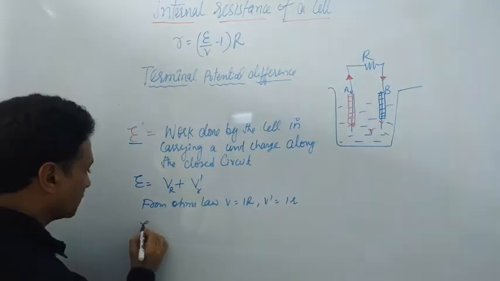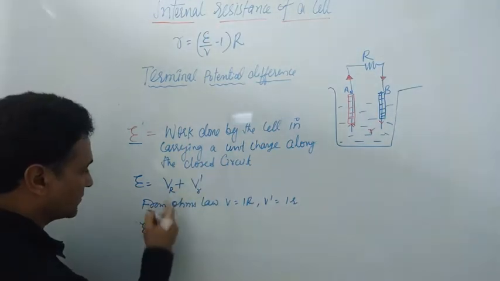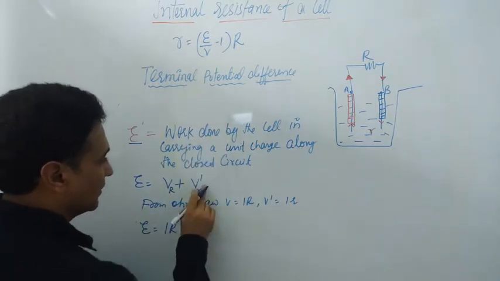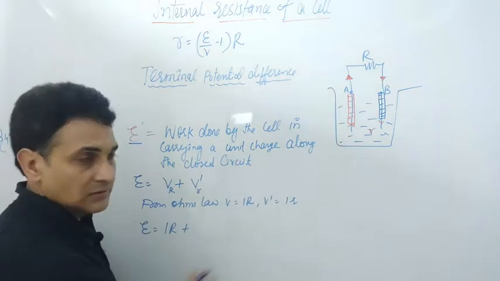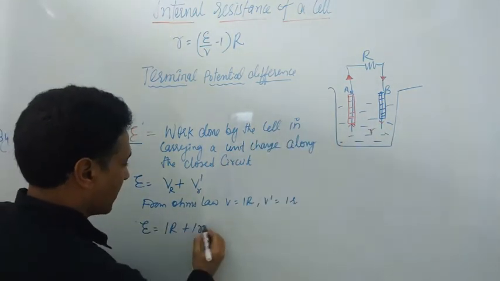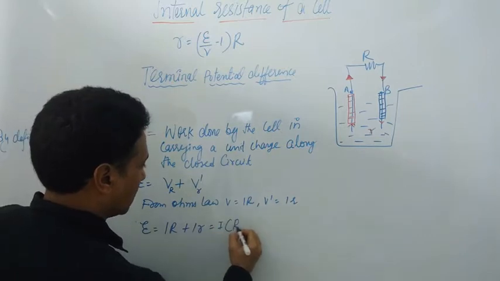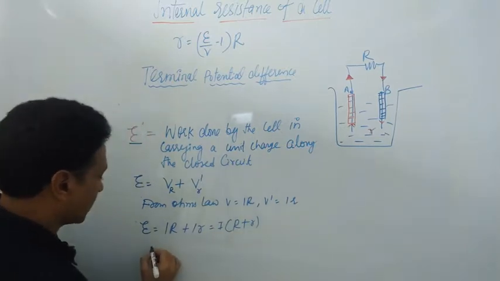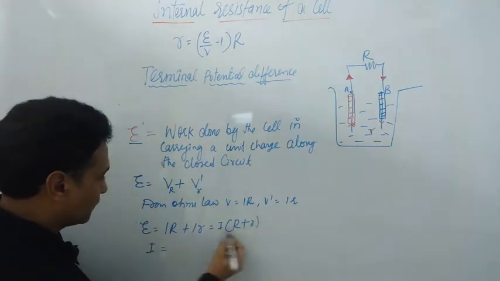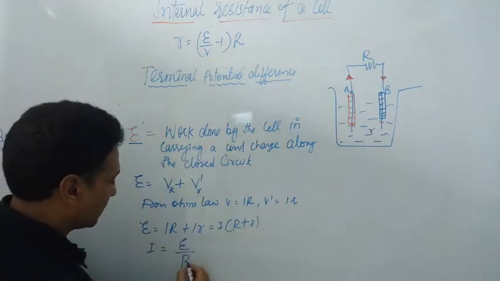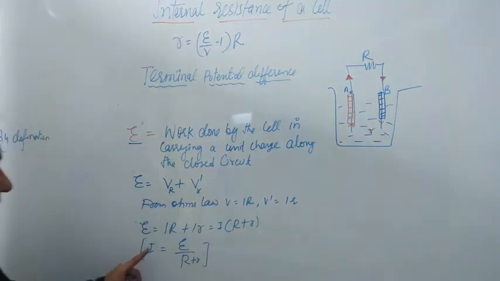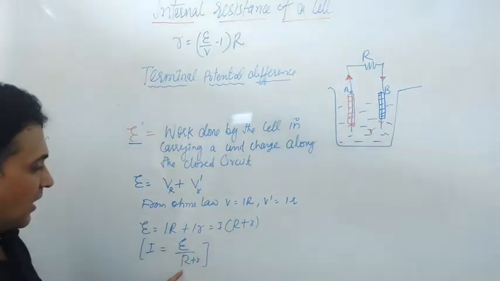So on substituting the value of this, work done against resistance R external, that is IR, plus work done against the internal resistance from B electrode to A electrode inside the cell, that is I into capital R plus small r. So here you can write I is equal to E upon R plus r. ये देख सकते हैं आप, यहाँ पे हमने करंट फाइंड आउट कर लिया, that is E by R plus r.